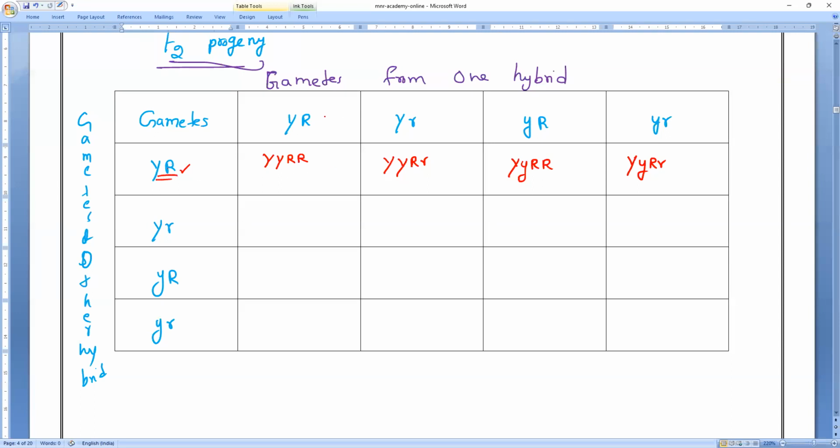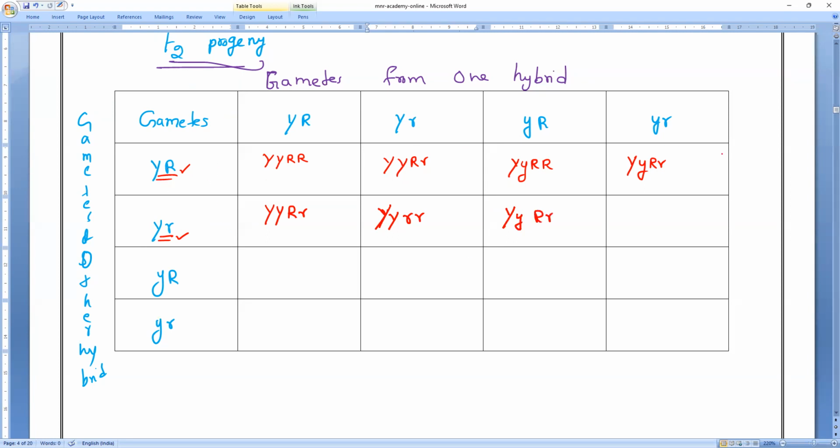So with this, all the four are over. Next, you can write directly also, guys. Later rearrange the letters, no issues. Next, second one, tell me. Capital Y, capital Y, capital R, capital R. Second one, everybody: capital Y, capital Y, capital R, small r. Next, capital Y, small y, capital R, capital R, small r.